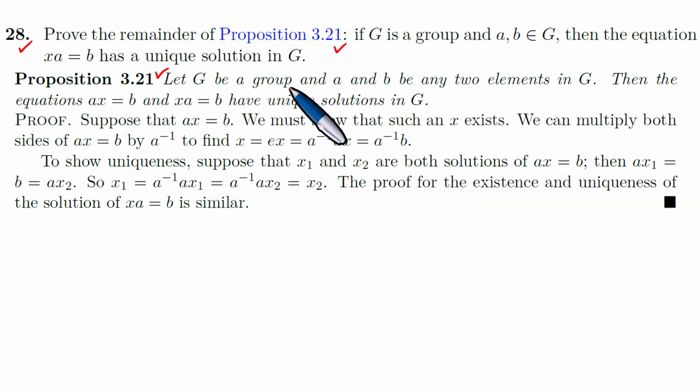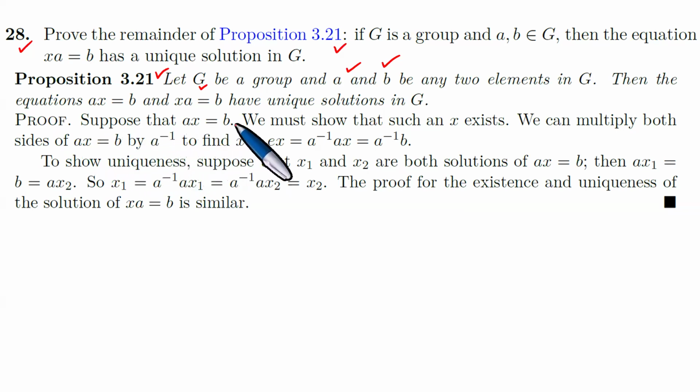Let G be a group and A and B be any two elements in G. You take a group G and two elements A and B that are in G, then the equations AX equals B and XA equals B have unique solutions in G. Proof.